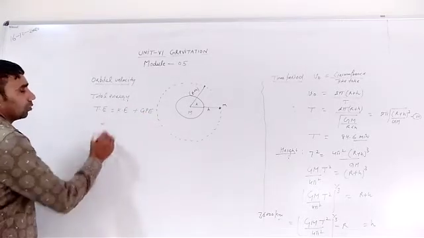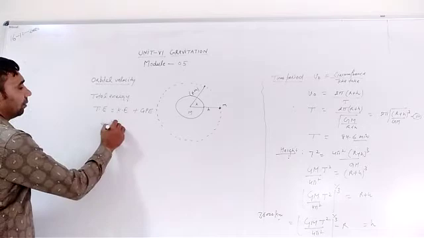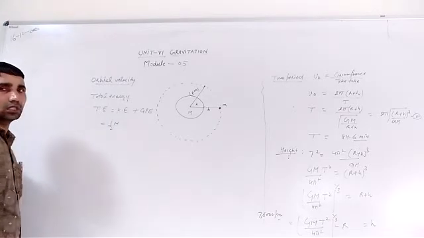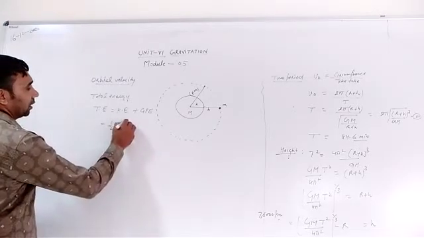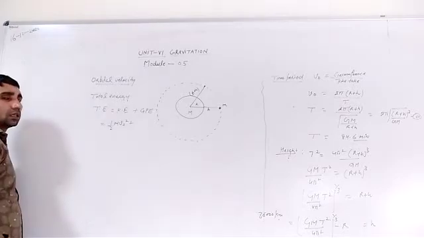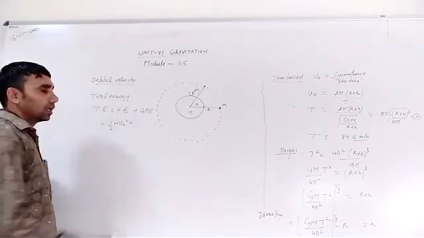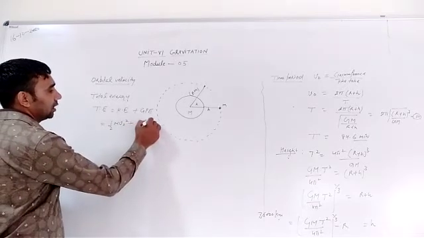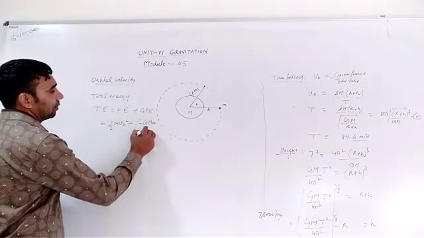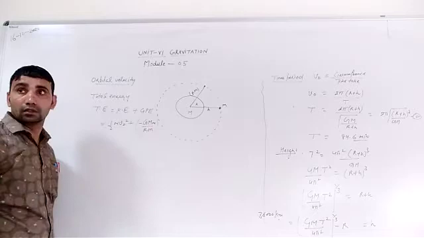Kinetic energy, as we know, is 1/2 m v squared, where v means orbital velocity. Plus the gravitational potential energy, already calculated in the previous article, that is minus GMm divided by (R plus h).